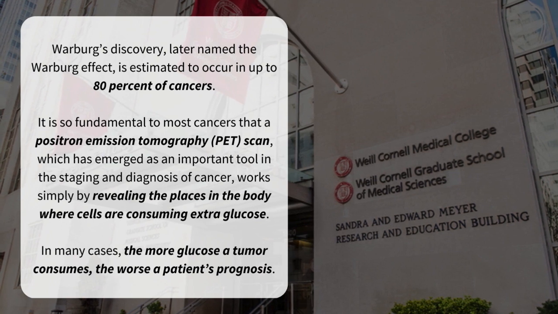It is so fundamental to most cancers that a PET scan, which has emerged as an important tool in the staging and diagnosis of cancer, works simply, believe it or not, by revealing the places in the body where cells are consuming extra glucose. In many cases, the more glucose a tumor consumes, the worse a patient's prognosis.